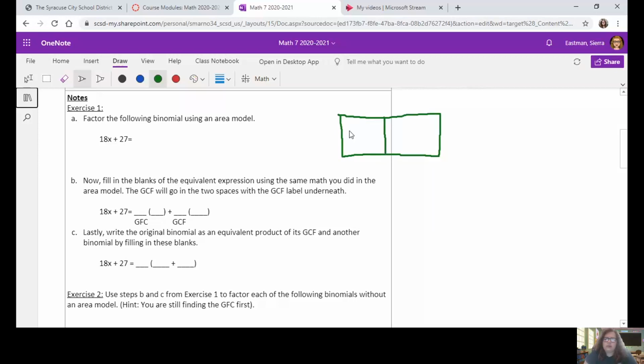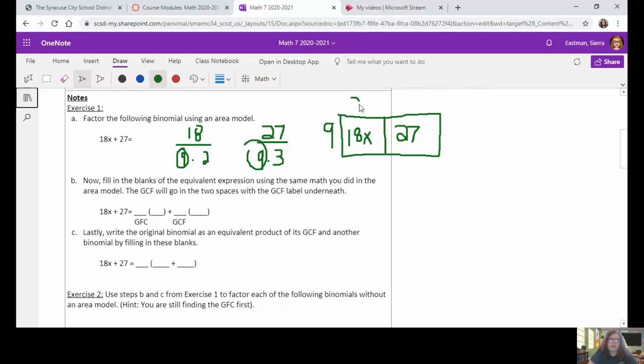So at this point, you guys should be able to do this part on your own. I'm just going to kind of put it on my screen so we have it to reference. We're starting with our 18x and 27. If I have those factors, the greatest common factor that you would find should be 9 times 2 and 9 times 3, where we would use that 9 as our GCF.